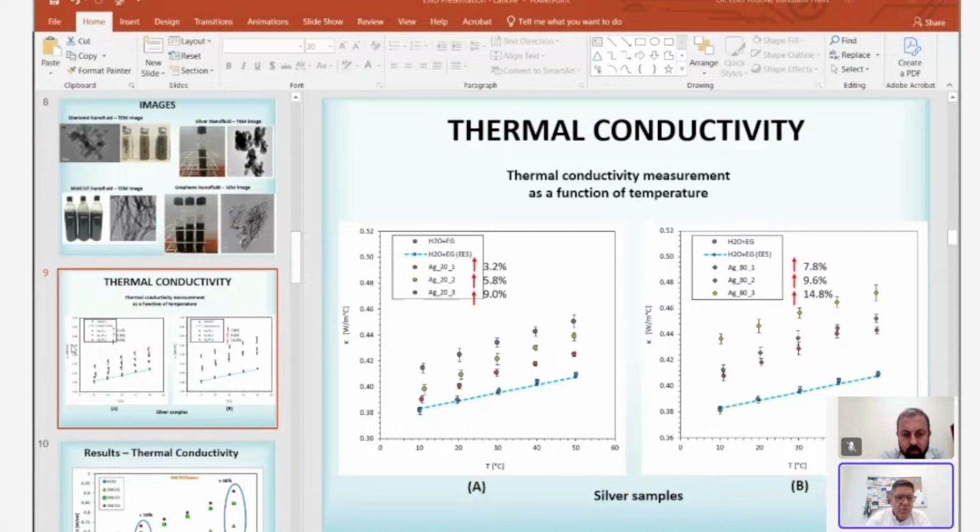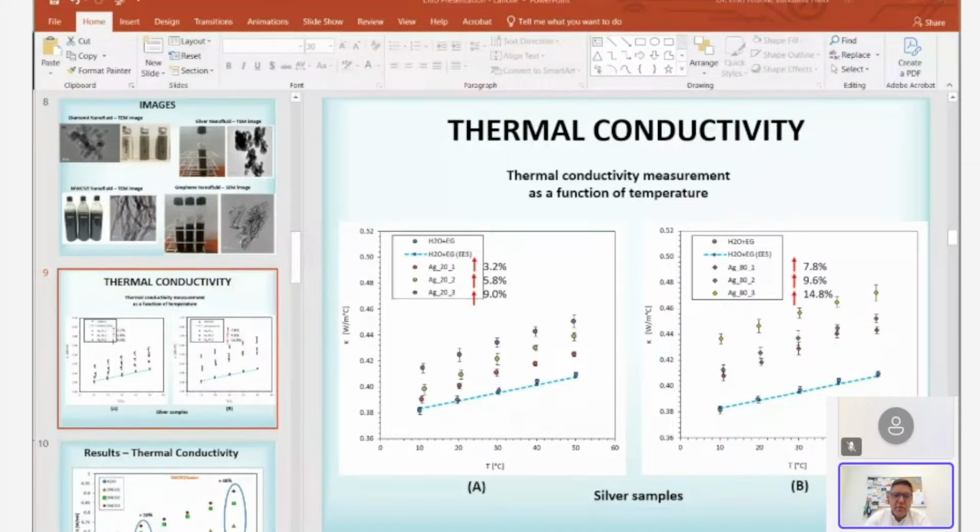Here is about the viscosity, very well correlated, and here is about the increments. For this kind of concentration of silver nanoparticles, we got a maximum of just 2.5% increment. That's very good, because this reflects directly on the pumping power. You cannot afford too much pumping power.